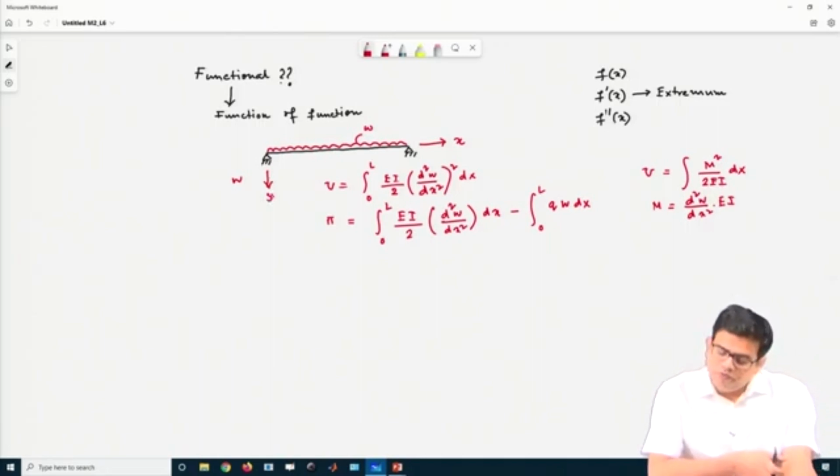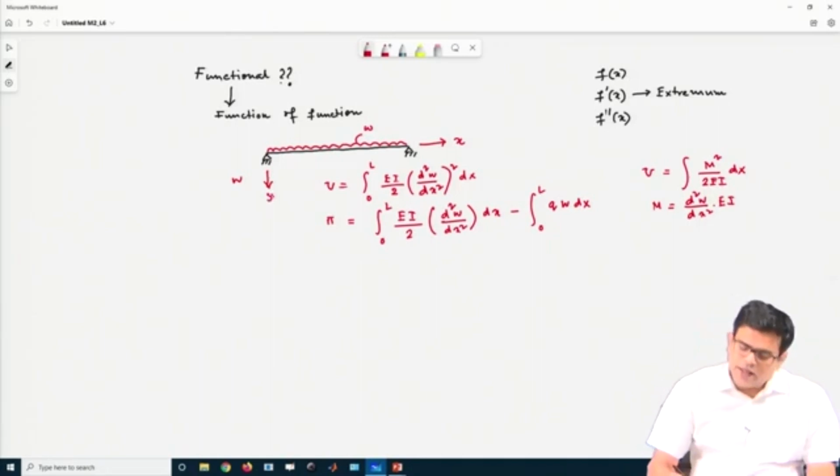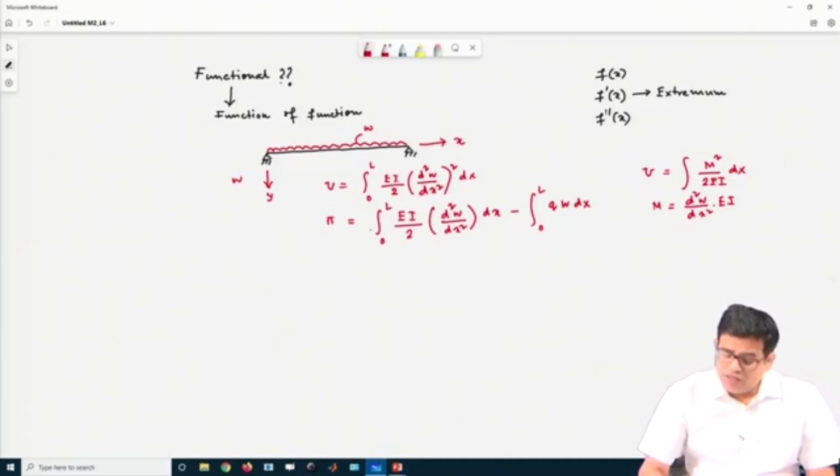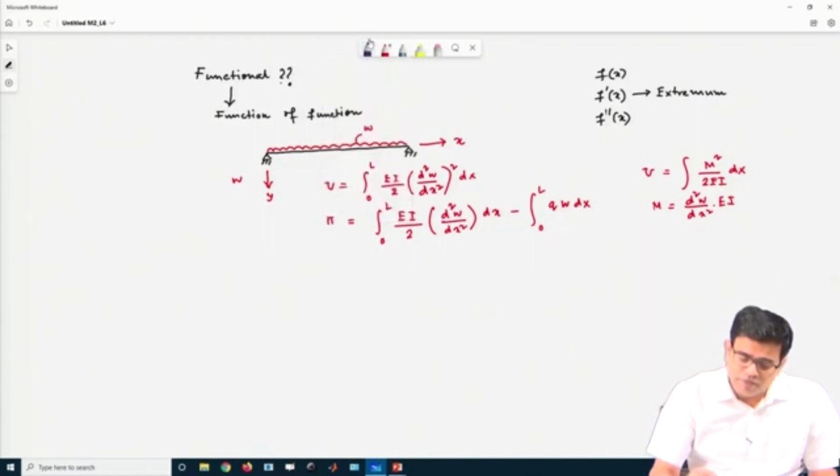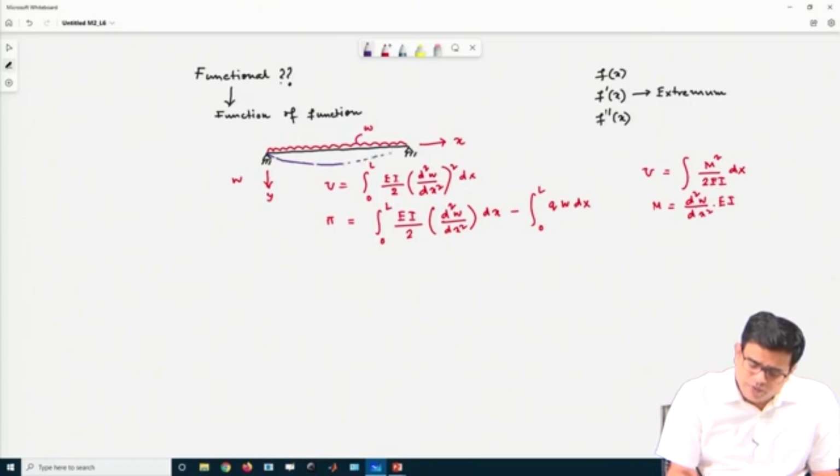Now if you look carefully, both the strain energy and the potential energy are functions of w. Now w itself is a function of x, because if you know the deflection profile of this beam, it looks like simply this.